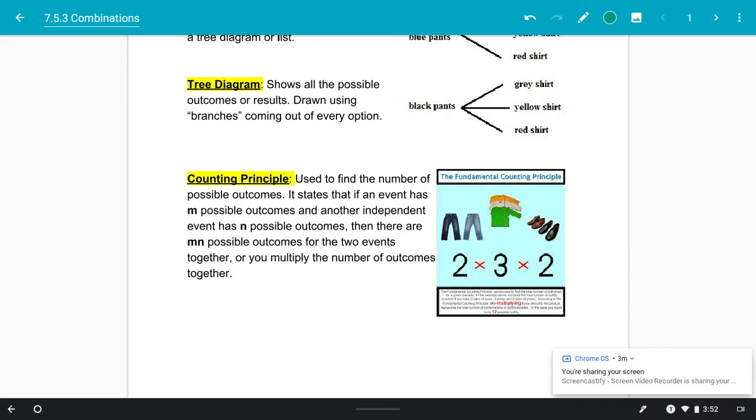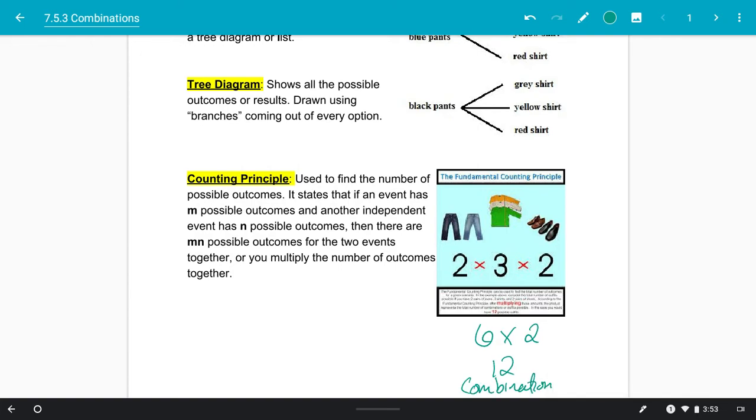So for example, in this picture here, we have 2 pairs of pants that we could pick from, 3 shirts that we could pick from, and 2 pairs of shoes. To figure out all of my possible combinations, I would do 2 times 3, giving us 6, and then multiply by the 2 for the shoes to get 12 combinations.